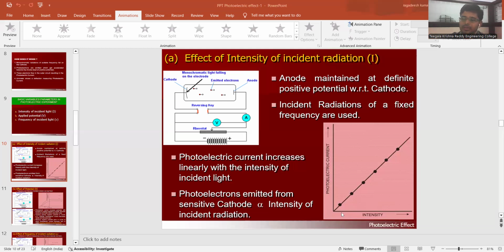As the intensity of incident light increases, the photoelectric current also increases. It is a straight-line graph. The photoelectrons emitted from the sensitive cathode are proportional to the intensity of incident radiation.